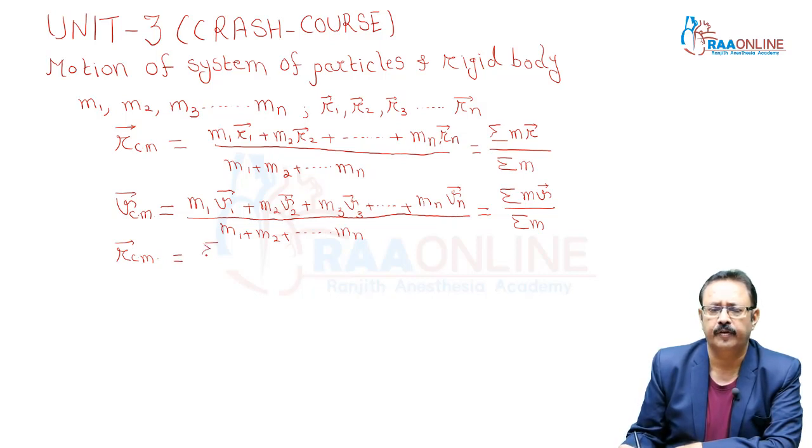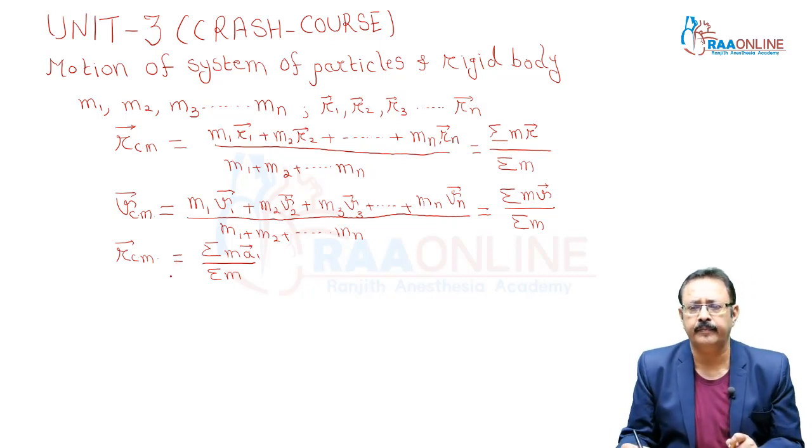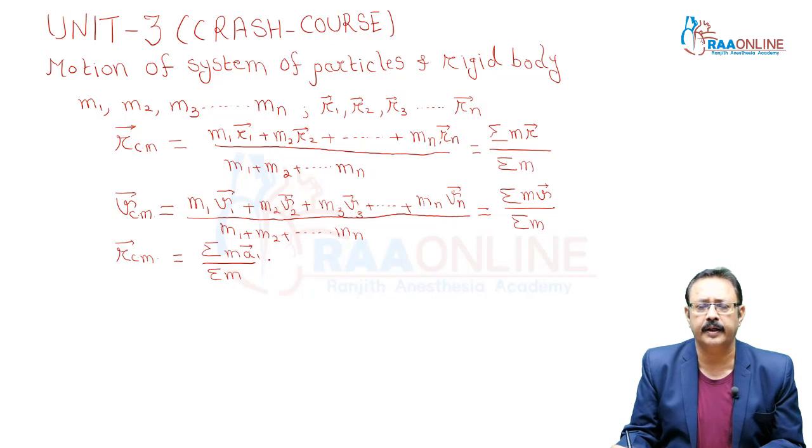Summation of mass and acceleration divided by summation of mass of all particles, means capital M. If you are denoting total mass with capital M, in the denominator you can write capital M, mass of the whole object.